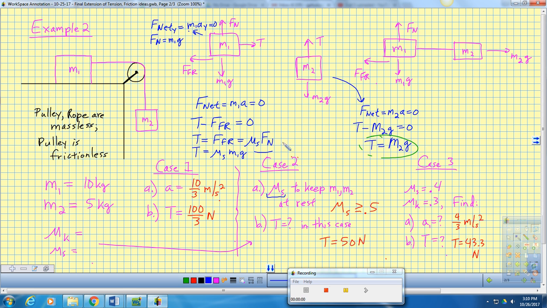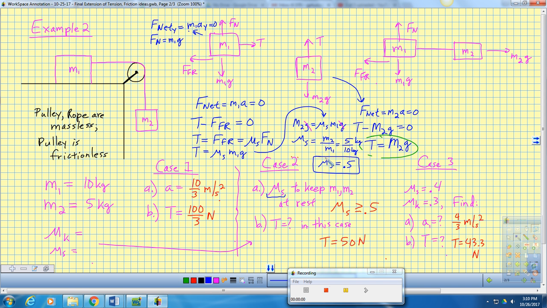That equals mu static times m1g. The g's can cancel, and mu static is just the ratio of those 2 masses, m2 over m1, which is 5 kilograms over 10 kilograms, which is just 0.5. So if mu static is 0.5 or bigger, this thing's going to stay at rest.